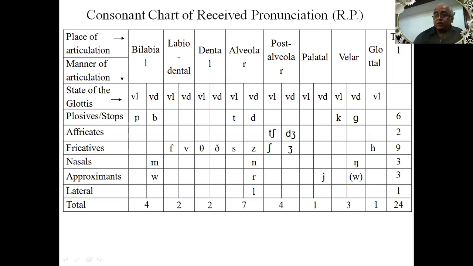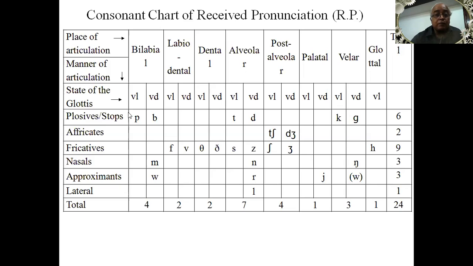Plosive is similar to the word explosive, so a kind of explosion takes place. Air is built up inside the mouth. There's a total closure of the lips, and there's a sudden release. Pa. So the three-term label will be: pa is a voiceless, bilabial, plosive.